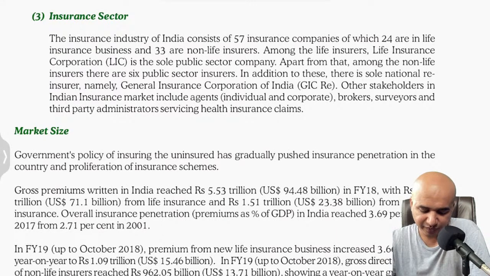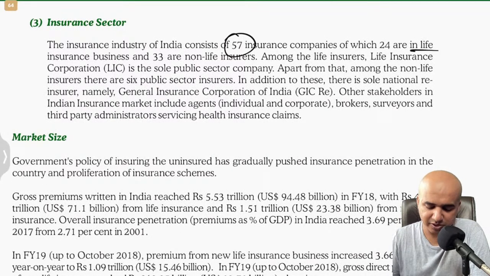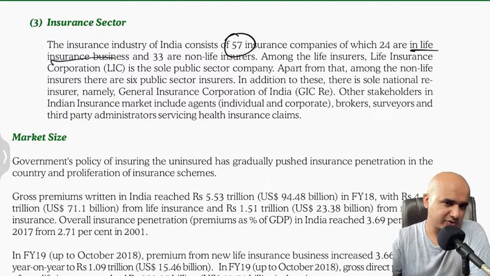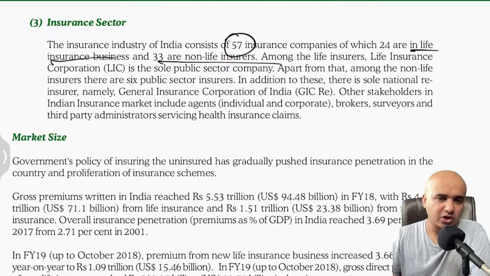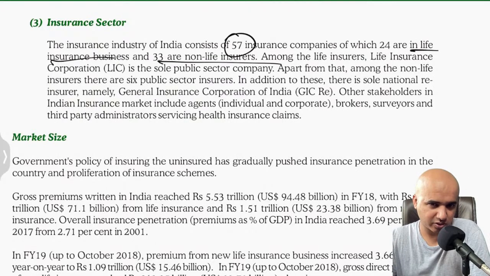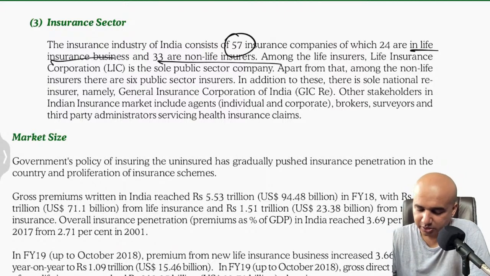Insurance industry of India consists of 57 insurance companies, of which 24 are in life insurance business, the companies which insure a person's life, and 33 are non-life insurers. Among the life insurers, LIC is the sole public sector company. This is very interesting. Up to a certain point, it was only the government company which could offer you insurance.